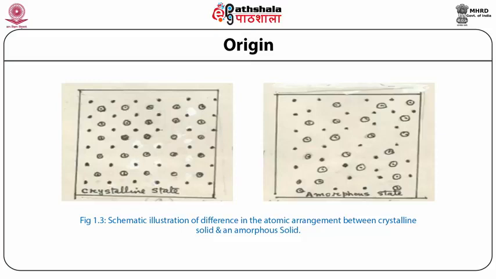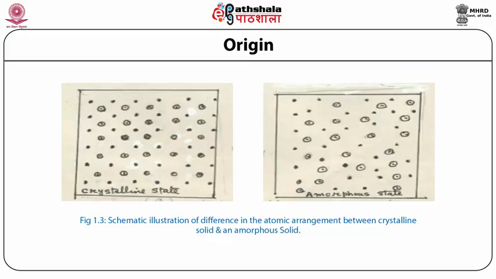In amorphous substances, the atoms or molecules may be bound very strongly to one another, but there is no geometrical regularity or periodicity in the arrangement of atoms composing these substances. Such substances are usually viscoelastic and may be regarded as supercooled liquids.